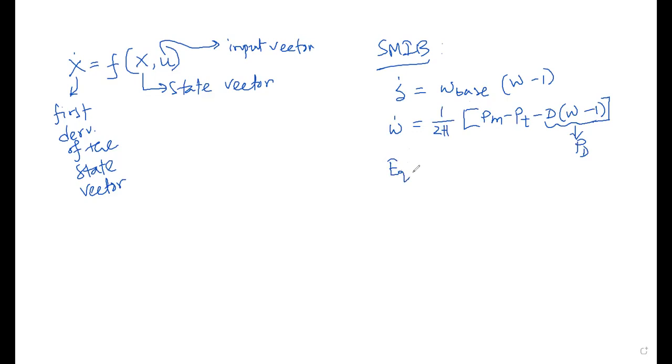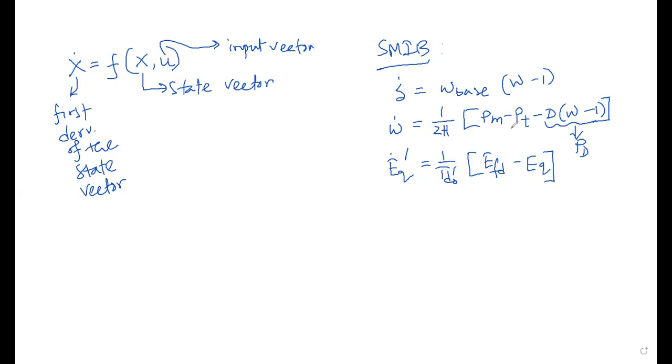The third equation was of the internal Q axis EMF in the transient mode, that is EQ prime, and that was 1 upon TDO prime, whole bracket multiplied by EFD minus EQ. So this was the third order model, specifically the differential equations. And we all know that within this model, we have some algebraic variables.